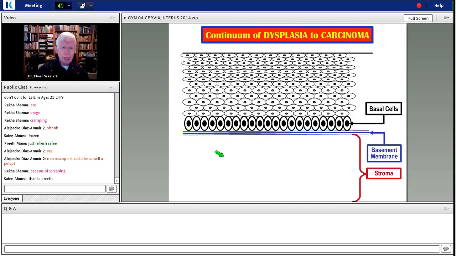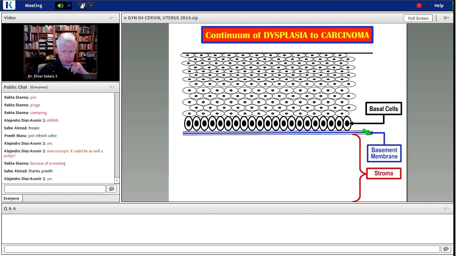Okay, let me show you my cartoonish drawing of the continuum between dysplasia and cancer. This is the epithelium we have right here. Here are the basal cells. This is the basement membrane right here. Underneath is stroma.